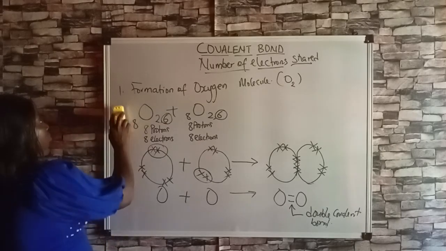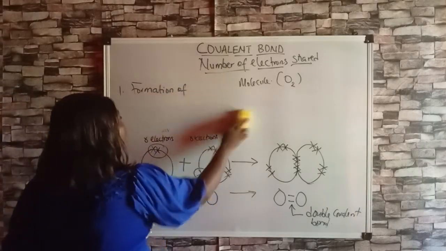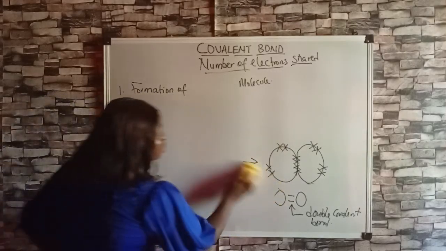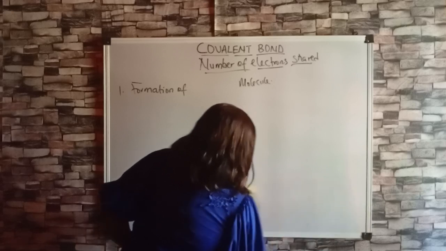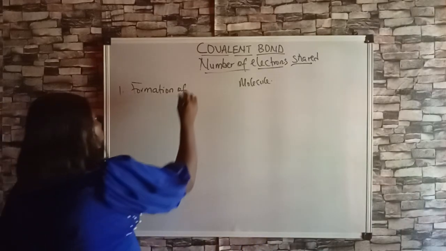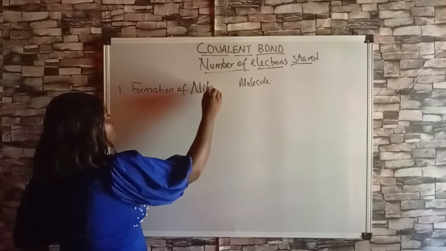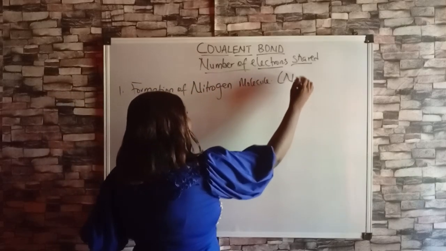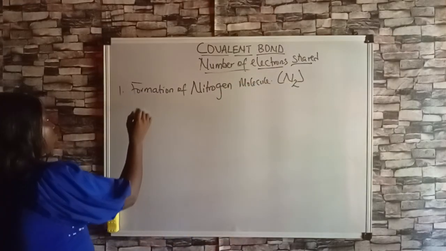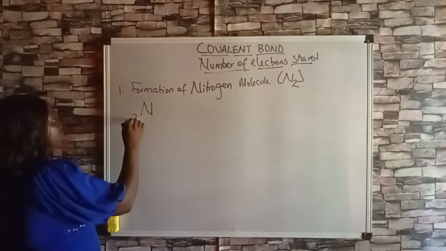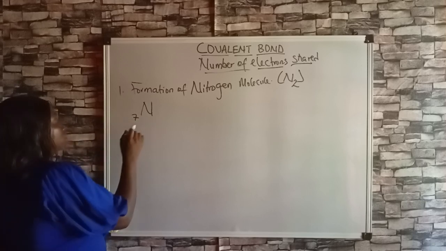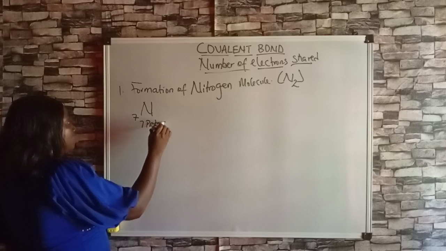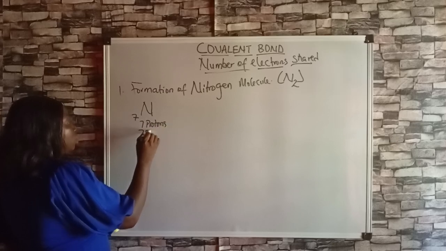Now let's consider the formation of nitrogen molecule, with the chemical formula N2. Nitrogen, with atomic number 7, has 7 protons and 7 electrons.